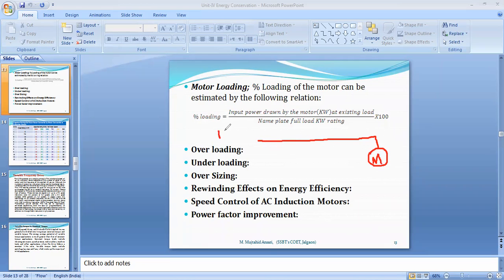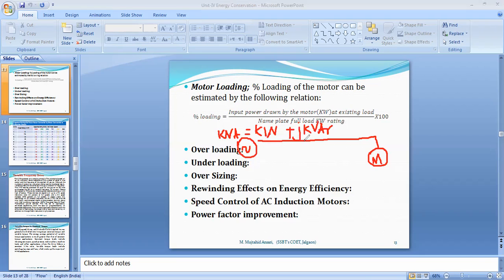It is the kVA consumed by the motor, which is the combination of active power, that is the kilowatt, plus j reactive power, kVAR. Whatever reactive power we are taking from the source, the motor draws active power, which is converted into motive or useful power, whereas this is the reactive power.